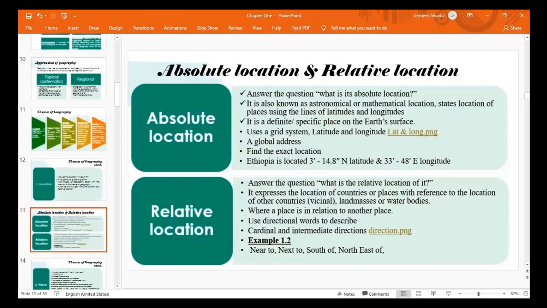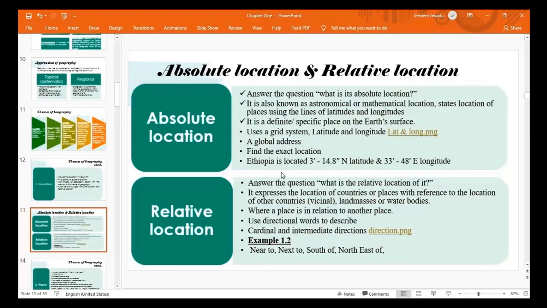The absolute location uses these latitudes and longitudes, or geographic coordinates, to define a certain place on the Earth's surface. This generally uses a grid system and a global address, so it is known as the exact location of a place.